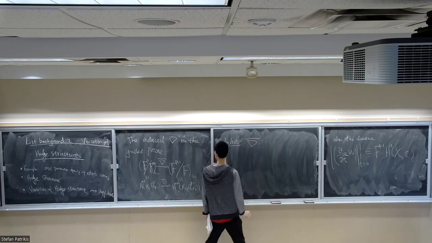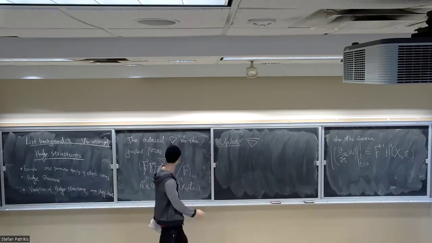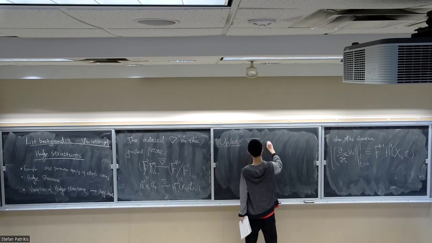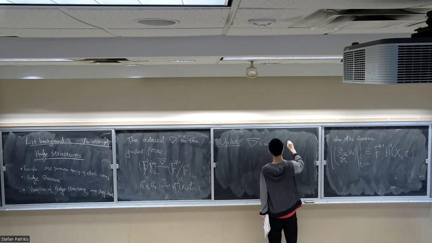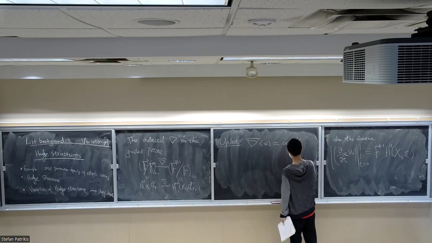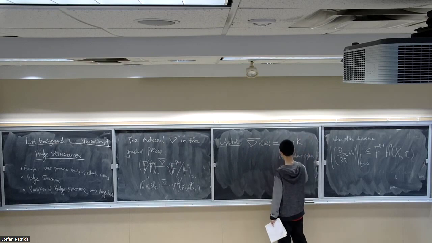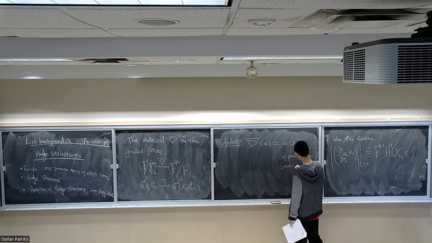The sheaf version is that this nabla bar sends a class to the cup product, and you also have to do some contraction with this Ω^1 with the Kodaira-Spencer class.